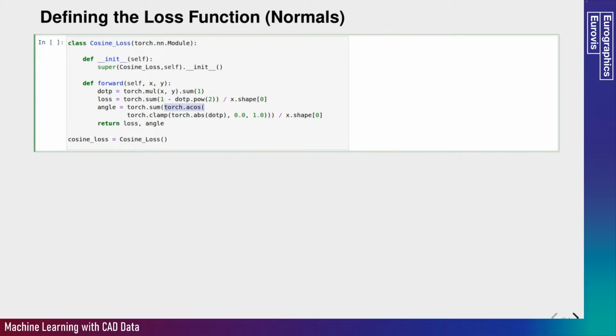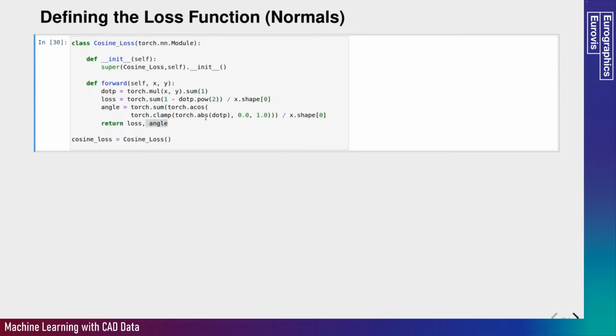And then we are calculating the actual angle of our normals, and we're summing up the angles and dividing it by the number of normals. So what we're getting here in our angle measurement is basically the average angle deviation of all the normals. Let's quickly run this code, and now we have this cosine loss function that we can use in our training.